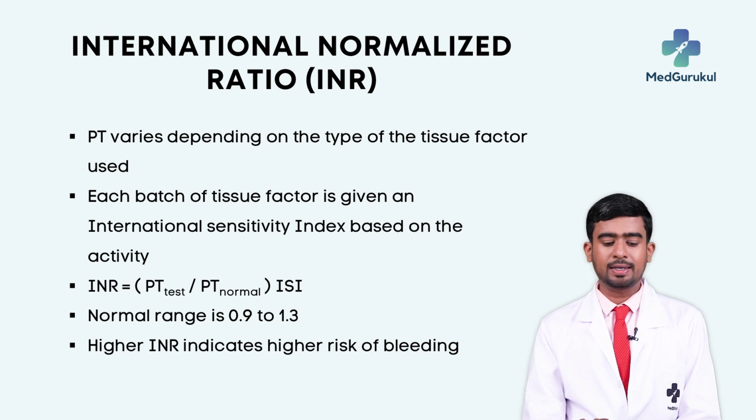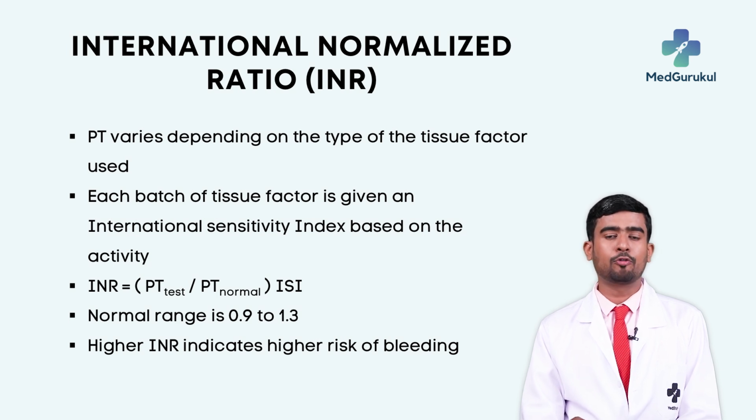As a result, if we are taking two different tissue factors at two different times, we might end up in trouble. We might be confused about the actual prothrombin time.